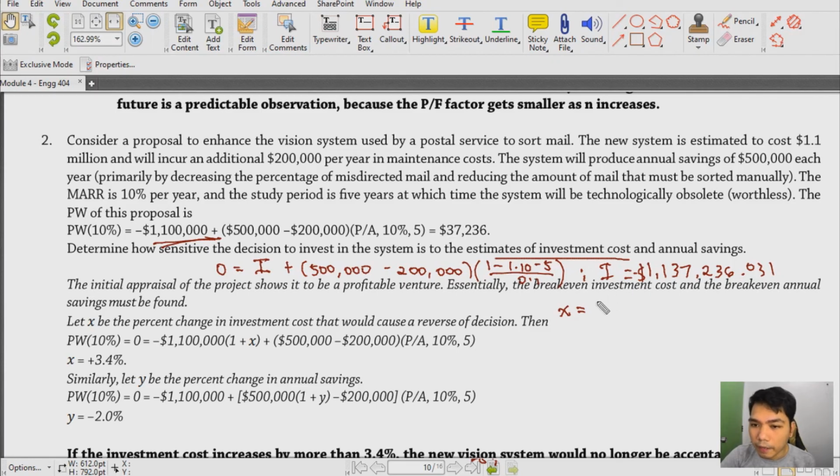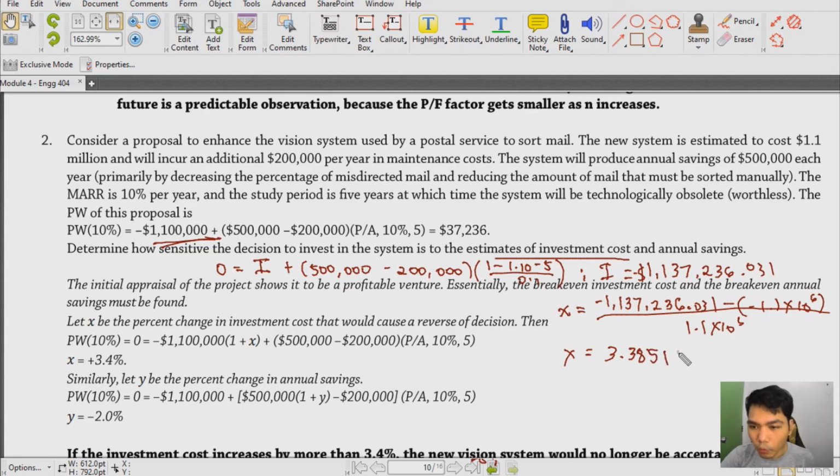So it's like negative 1,137,236.031. So that's minus negative 1.1 times 10 to the 6 kasi million yan divided by 1.1 times 10 to the 6. So therefore, your x will give you a value that is equal to 3.385%.